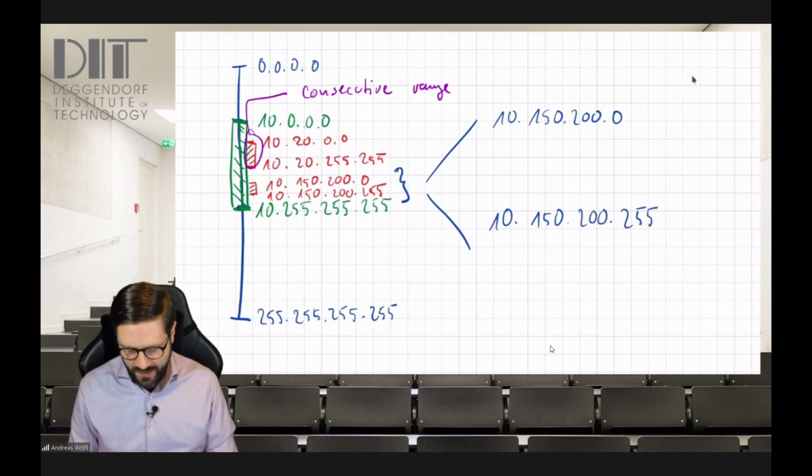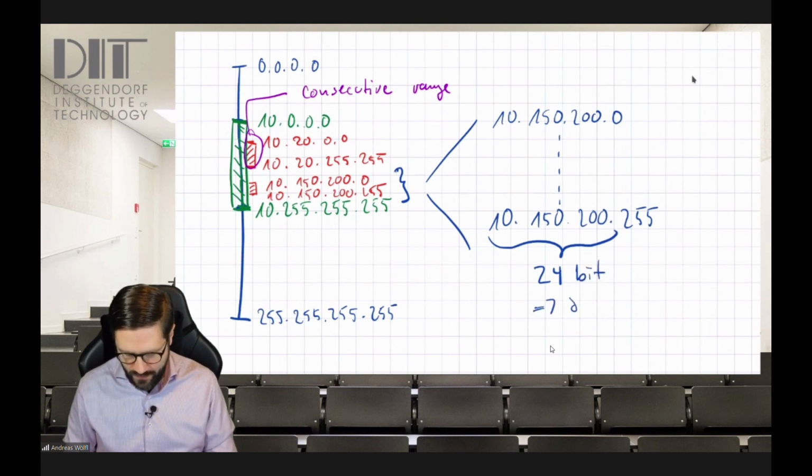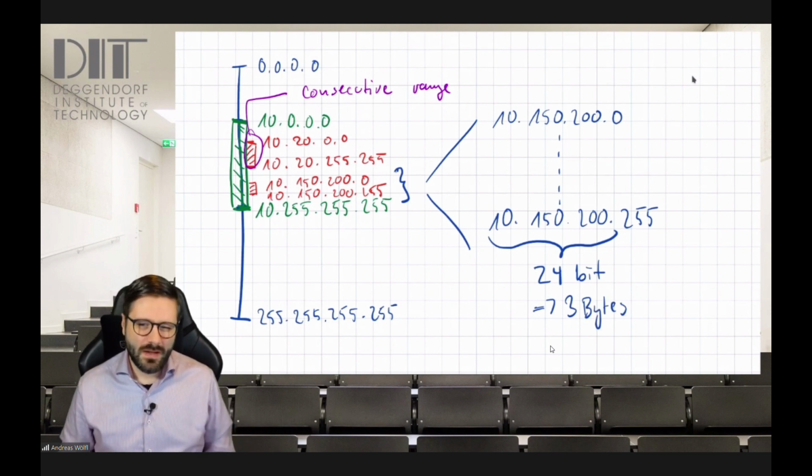If we take this range, then the network portion are the first 24 bits. And these are 3 bytes, because 1 byte is 8 bits, right? So the network portion are the first 3 bytes of the address.